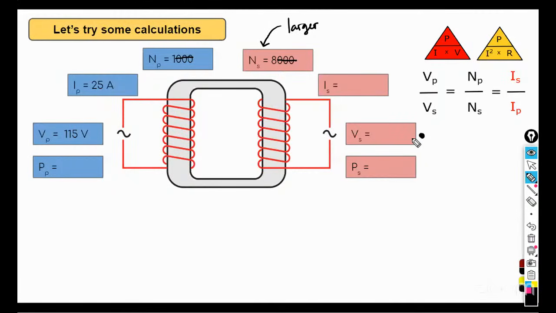This transformer is called a step-up transformer. And when you say a step-up transformer, I must put in the word voltage here. Step up means to go higher or to get larger. That's the first thing that should come into your brain. It means that the voltage will get larger.